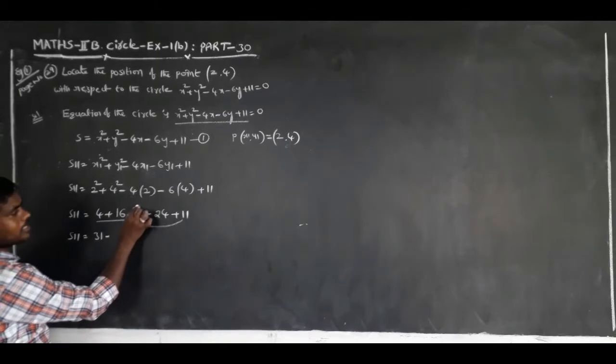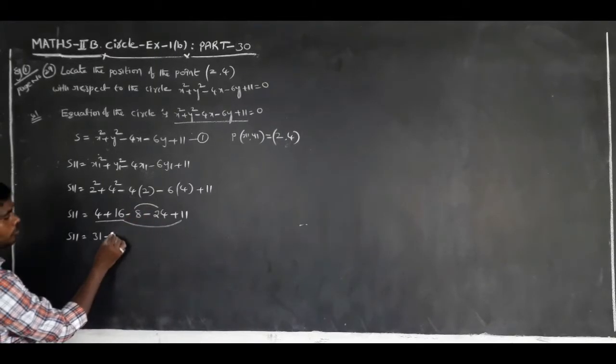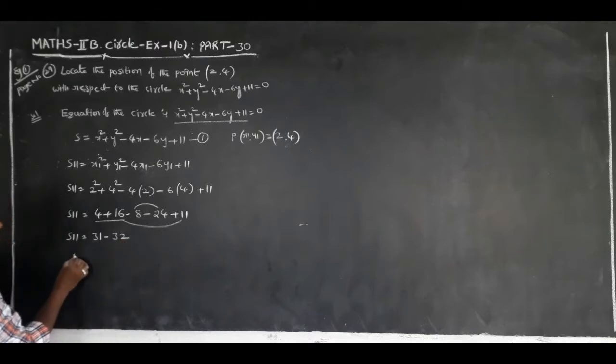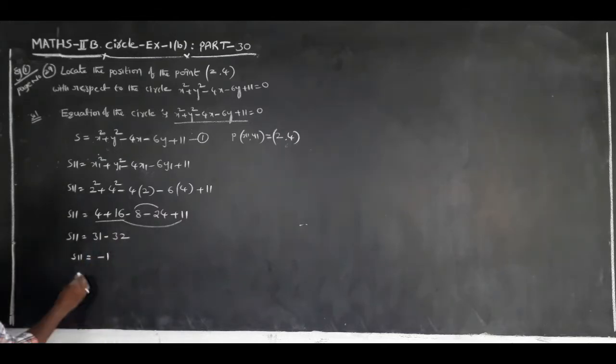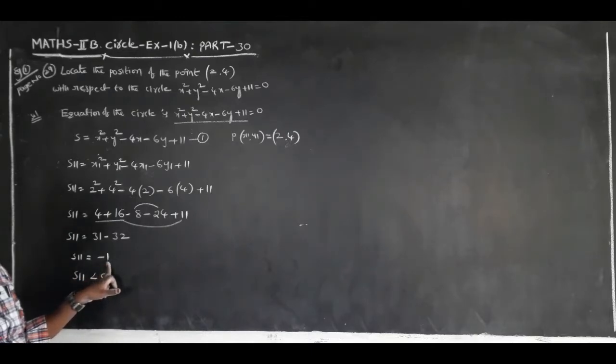Minus 8 minus 24 is minus 32. So S11 = 31 − 32 = −1. Therefore, S11 is less than 0.